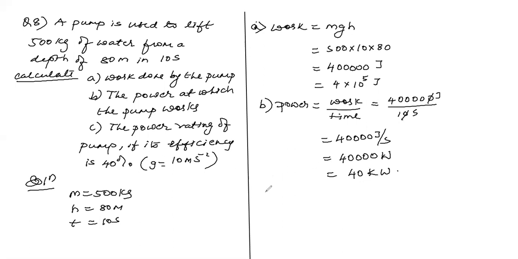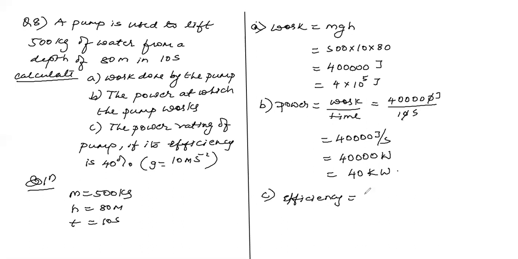Now they're saying, children, that this part is very interesting. The power rating. What is this power rating? Always remember, power rating is the input power, the input work is called the power rating. Power rating of a pump, if its efficiency is 40%. Got it? So see here, children, efficiency is 40%, they're giving.